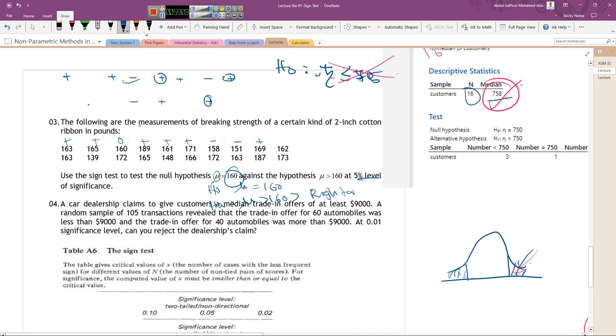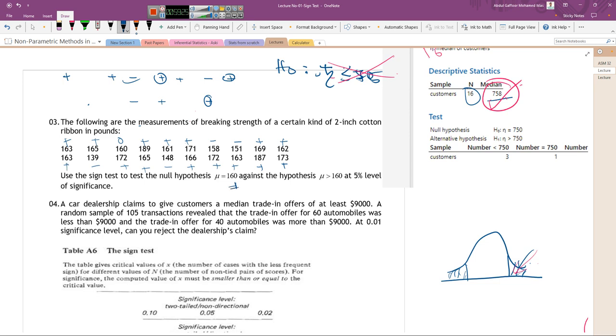Minus plus, here also plus, minus, minus plus.